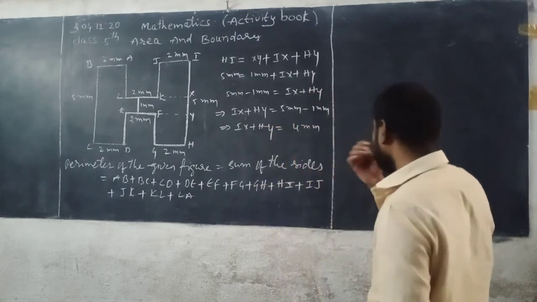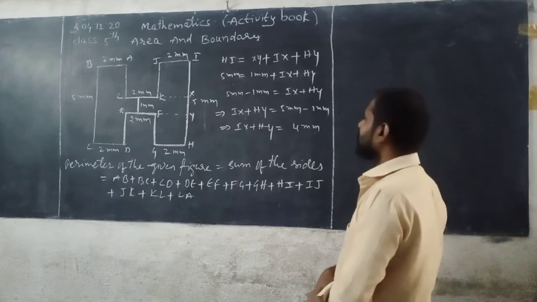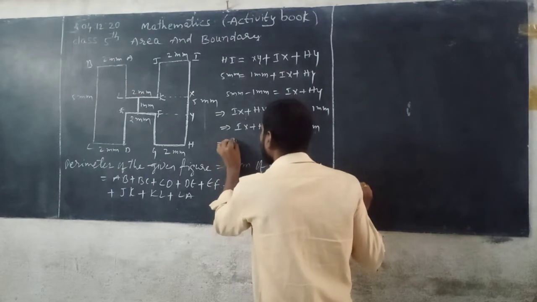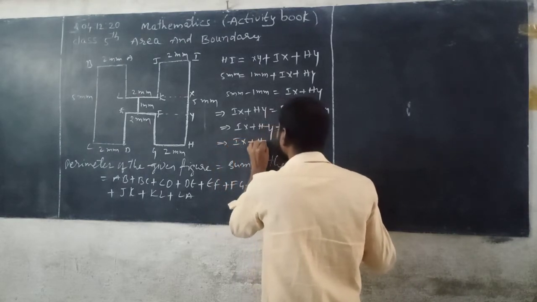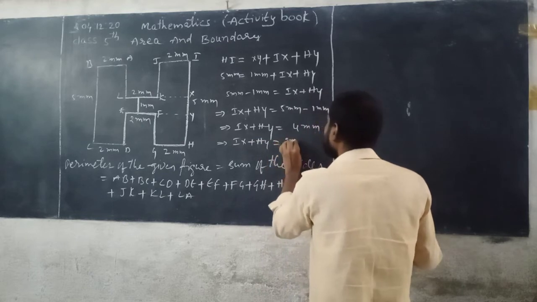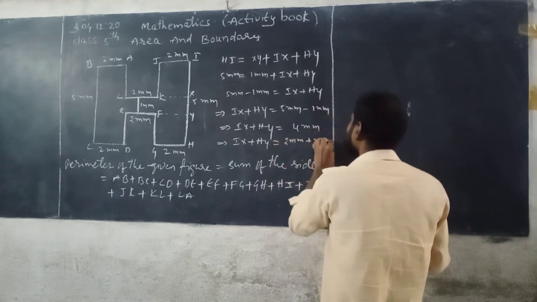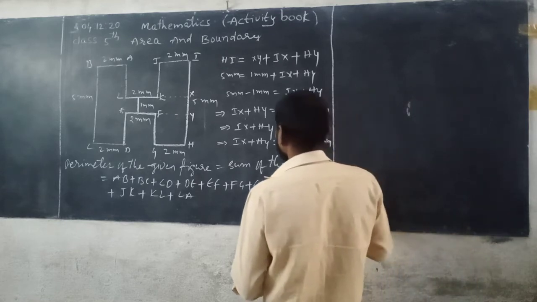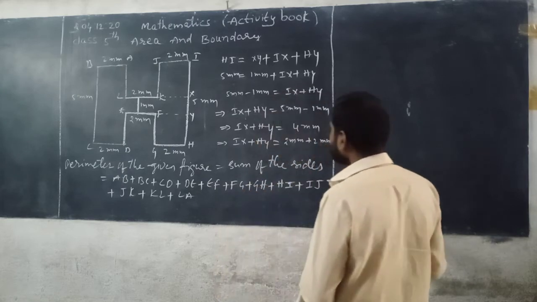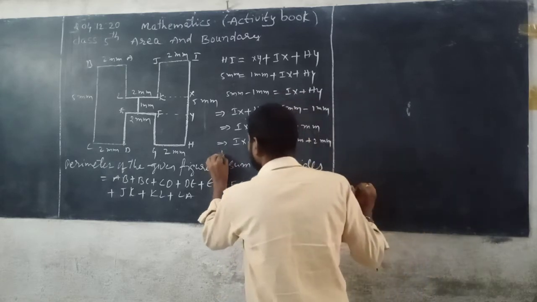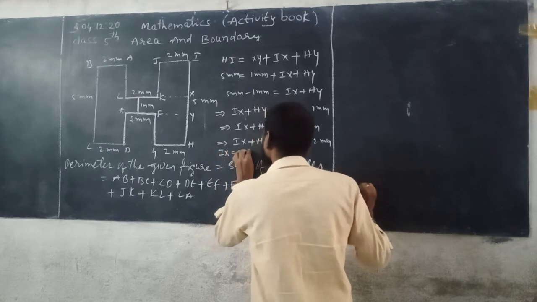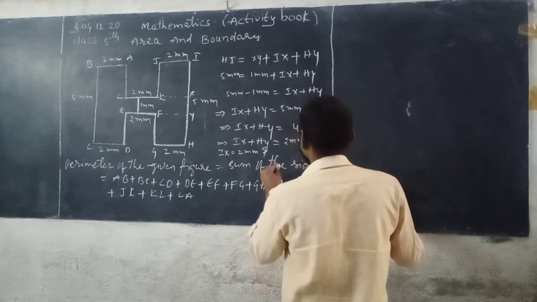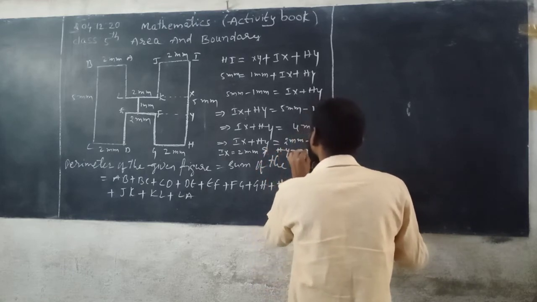Then 4 millimeter can be written as 2 millimeter plus 2 millimeter. So you can write here IX plus HY, it can be written as 2 millimeter plus 2 millimeter. Then you can write IX is equals to 2 millimeter and HY is equals to 2 millimeter.